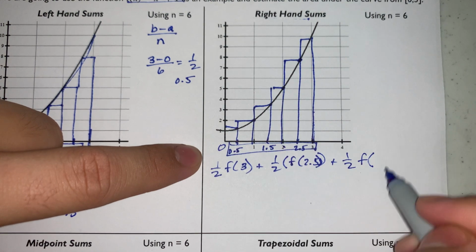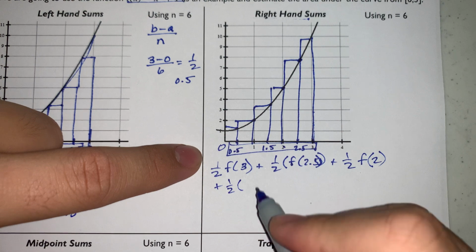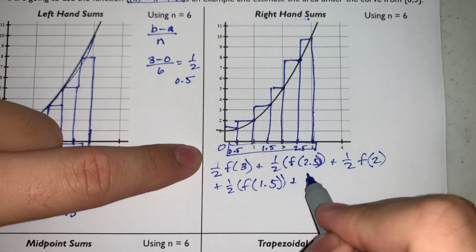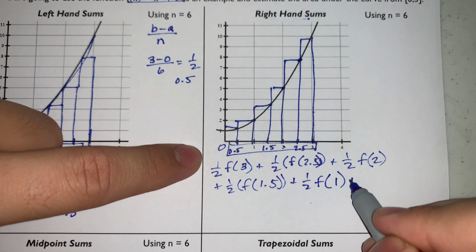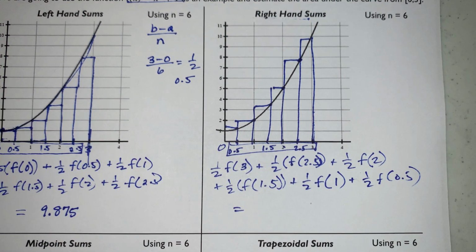That's the height of that rectangle. Plus 1/2 f of 0.5. Feel free to skip through all of this if you understand what's going on. I'm just writing it because I have to make this video. All right. So again, there's a very fast way of doing this on your calculator. Unfortunately, I don't have it with me.